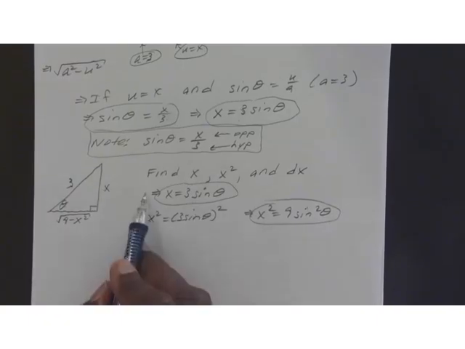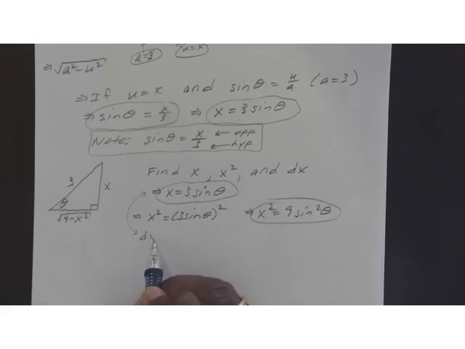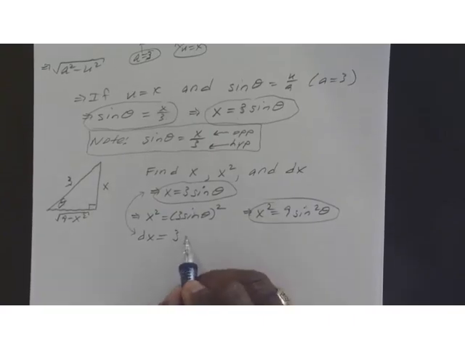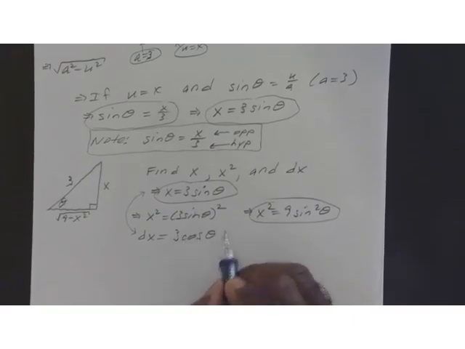And your dx, well, we just take the derivative of x. So we have our dx is equal to the derivative of 3 times sine of theta, which is 3 times cosine of theta with respect to theta.